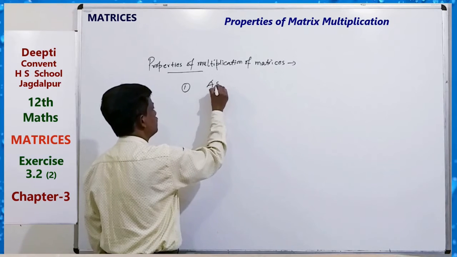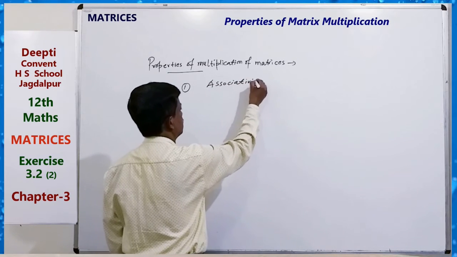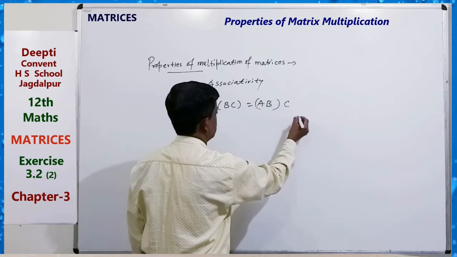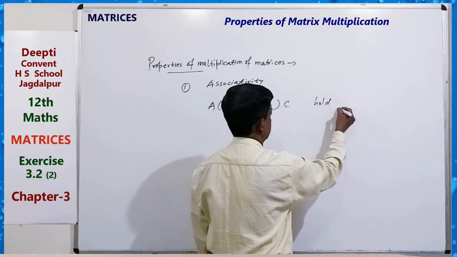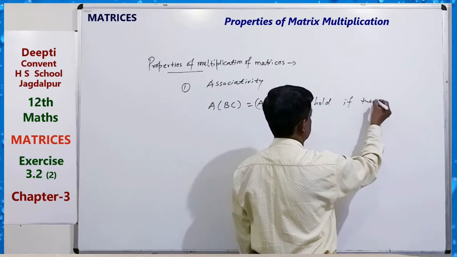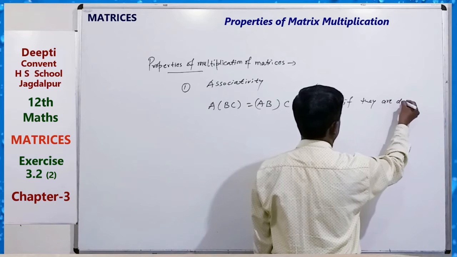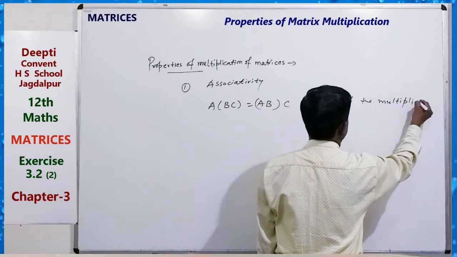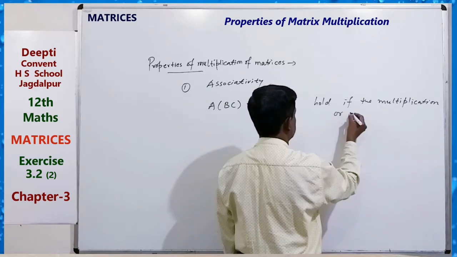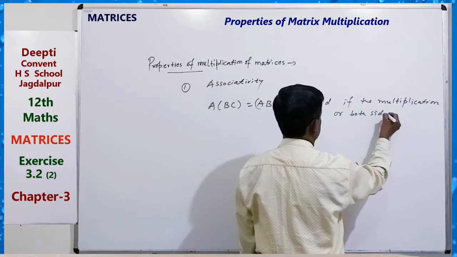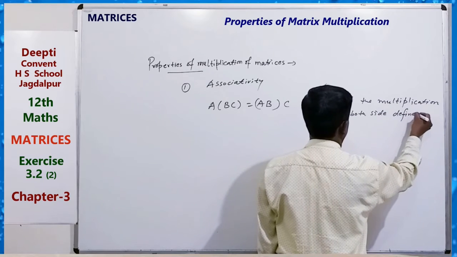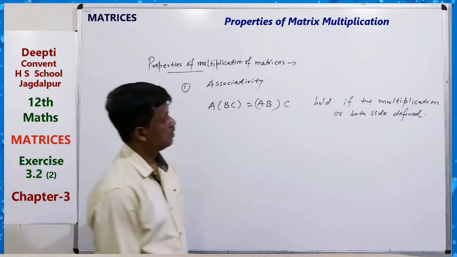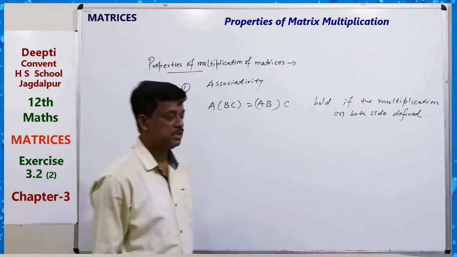First is associative: (AB)C equals A(BC) holds, if the multiplications on both sides are defined.